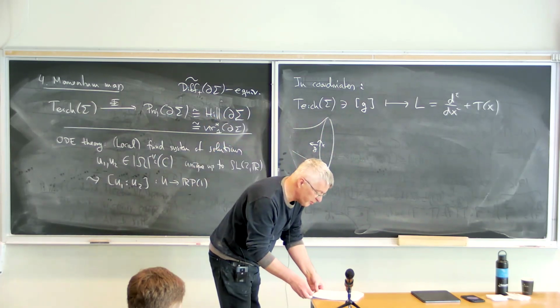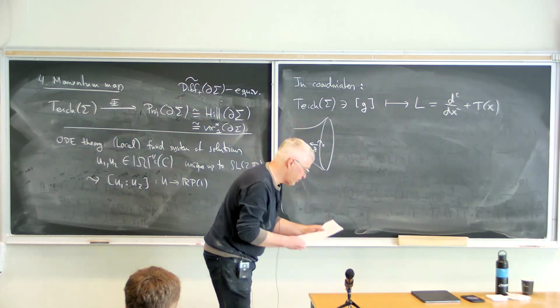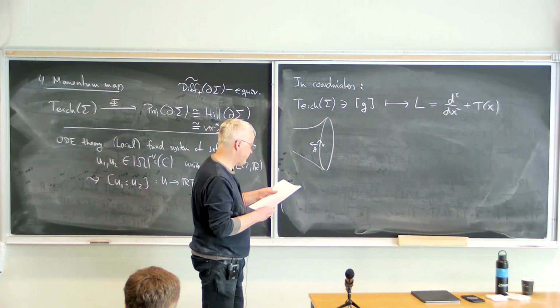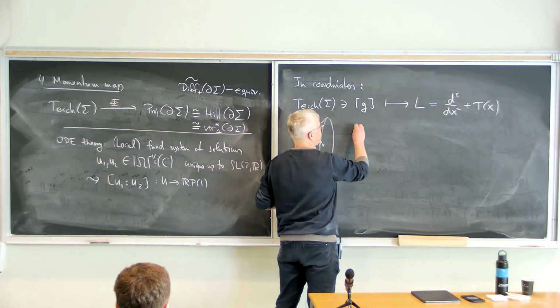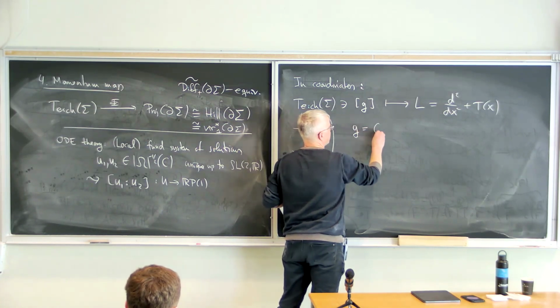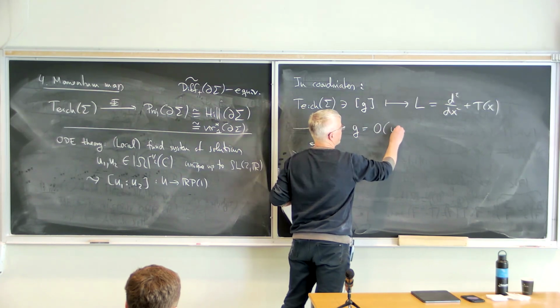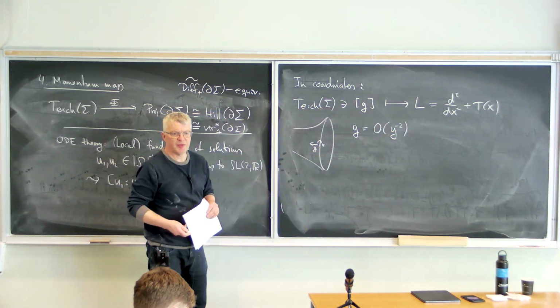Well, it's basically just a matter of calculation, right? Everything is explicit, just calculate. And what the calculation eventually gives is the following. First of all, it uses the following ingredients. This g, as I said, blows up like 1 over y squared. That's how the metric blows up.